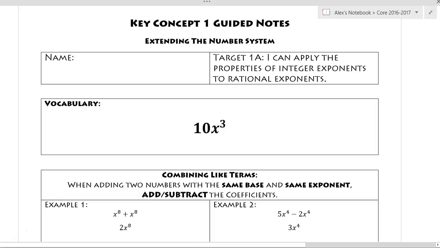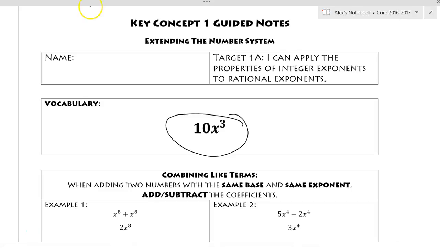If I see a term that looks like this, the whole thing together is a term. The pieces of it also have different names. This 10 we call the coefficient. It's the number in front.